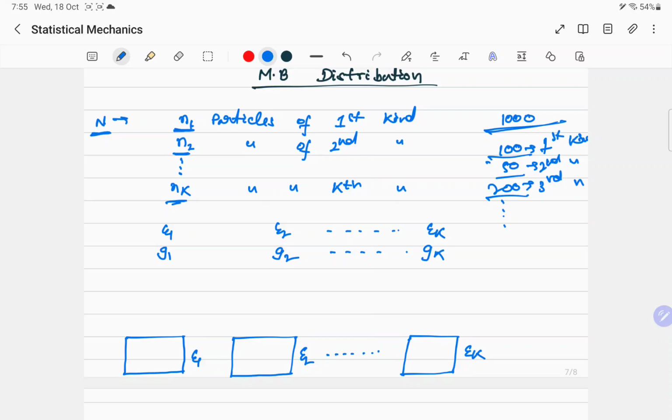Degeneracy means simply same energy but different levels. Suppose we have an energy cell, and if we look into it with a spectrometer of high resolution, we may find that this energy state is not a single energy state, it is subdivided into 3 parts.